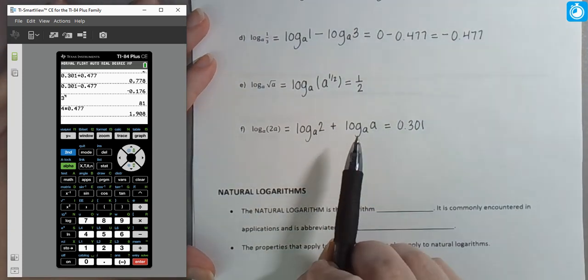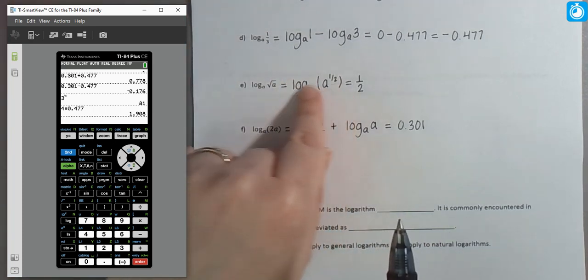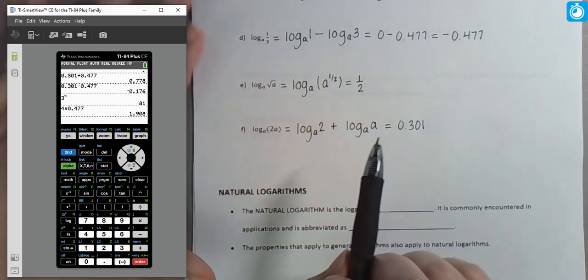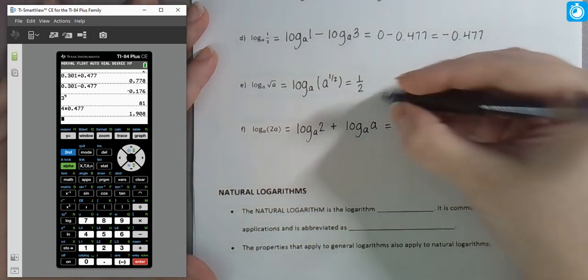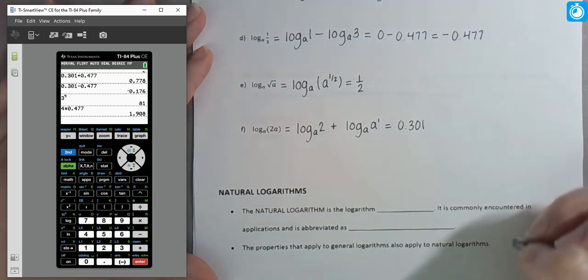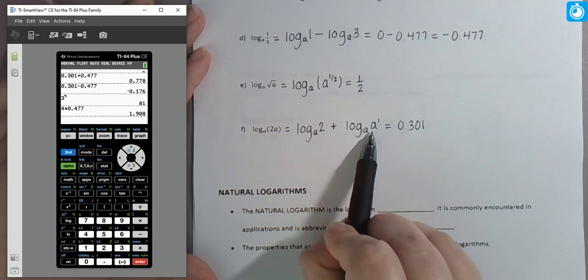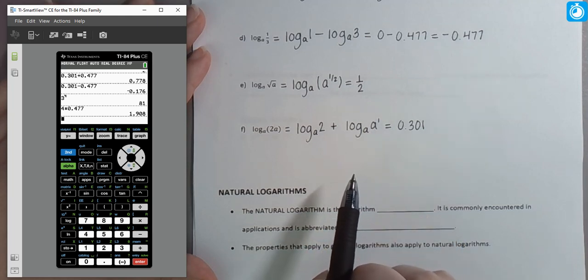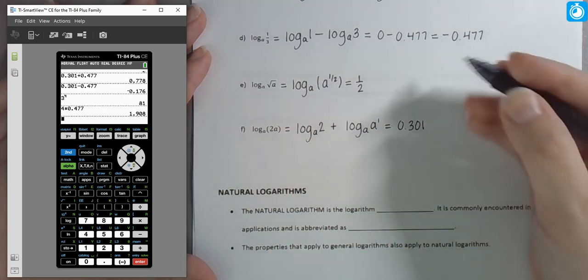Now what about log base A of A? Well, it's very similar to this situation right here. The only difference is that we don't see an exponent written. But if we don't see an exponent written, we know there's an implied exponent of 1. So if we wanted to write this logarithm's input with an exponent, it's an implied exponent of 1. Now we can essentially use the same rule.